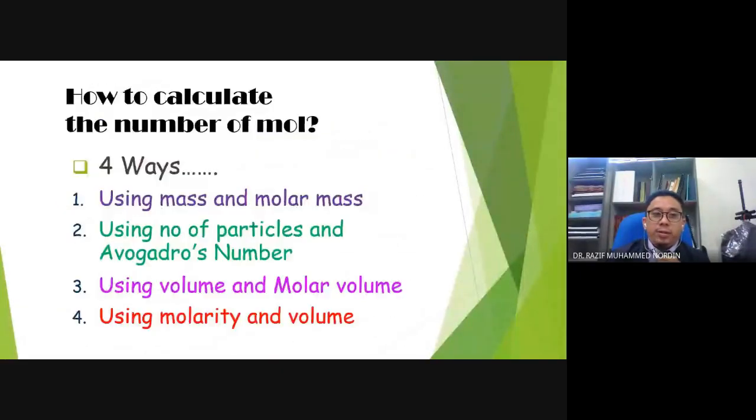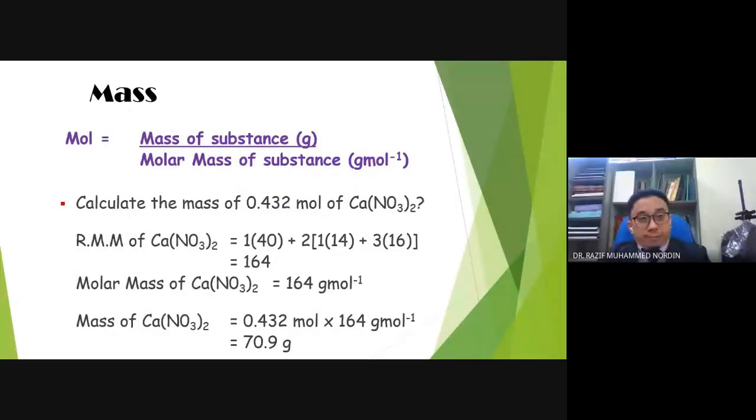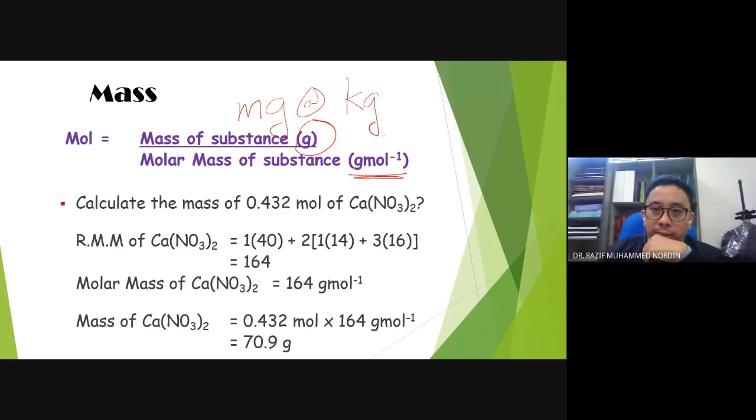Baik, kita continue lah. Number of mole equal to the mass of substance in gram. Hati-hati ya, unit dia gram, and then divided with the molar mass of substance, gram per mole. Kesilapan dia, typical mistake, student tak convert. Perhaps your soalan tu from milligram or kilogram, you just direct use the number.